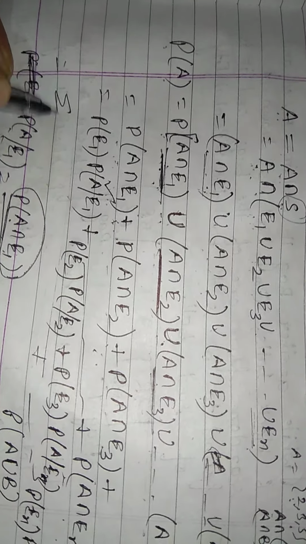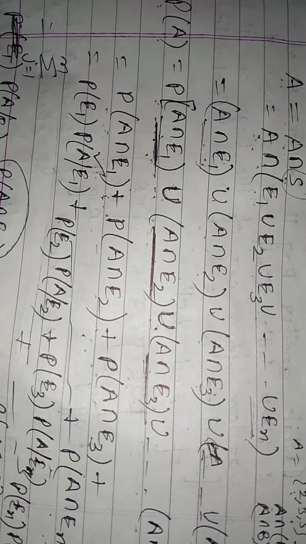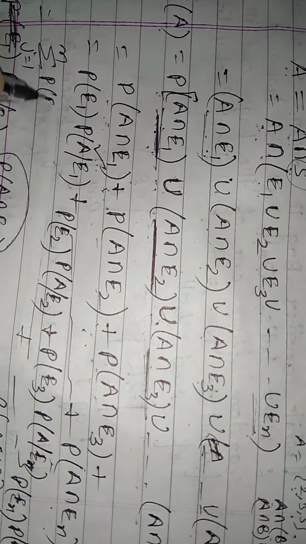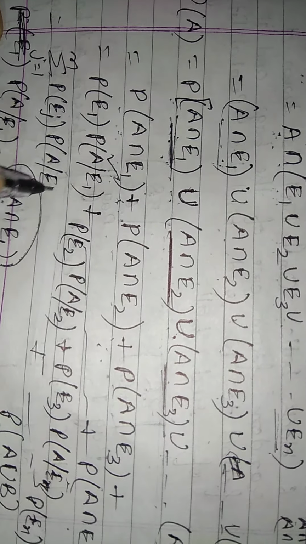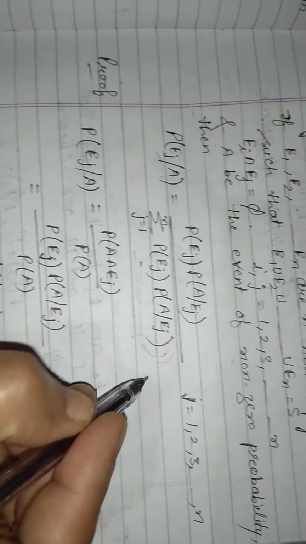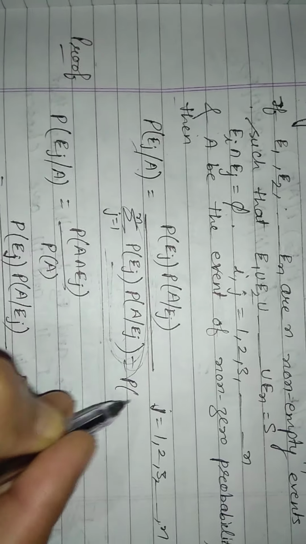We can write this as summation of j equal to 1 to n, P(Ej) into P(A|Ej). This is P(A).